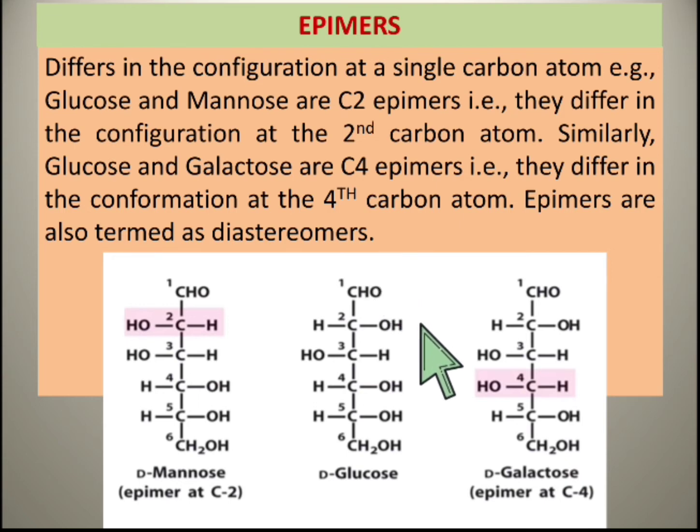And the interconversion of epimers, for example, glucose to galactose, or galactose to glucose, is termed as epimerization reaction, and a group of enzymes called epimerases catalyzes this particular reaction.